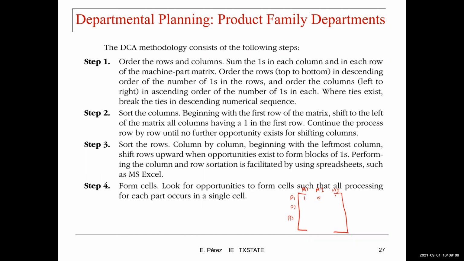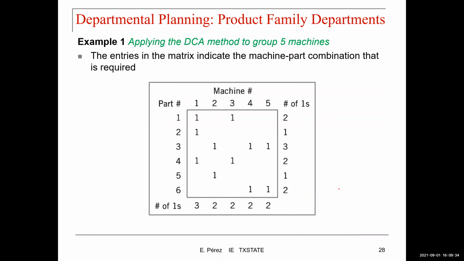There's a 1 here, then that means part 1 has to be processed by machine 1 and machine 3. And we will have a matrix like that one, and that's what it's representing. For each part, it tells us which machine needs to be used to process each type of part. So this is the idea. You have the machine numbers and you have the part numbers, and you have that information inside the matrix.